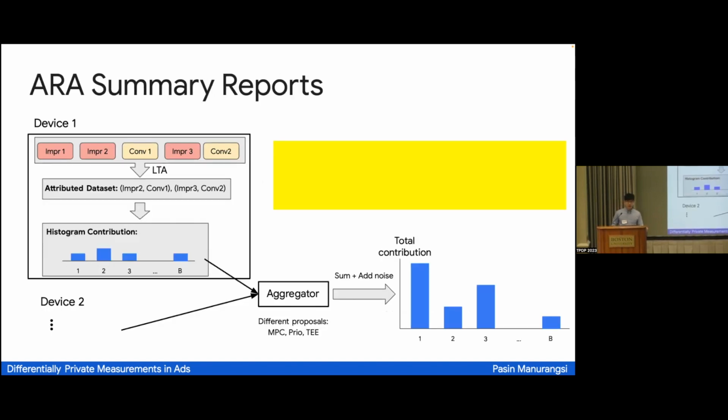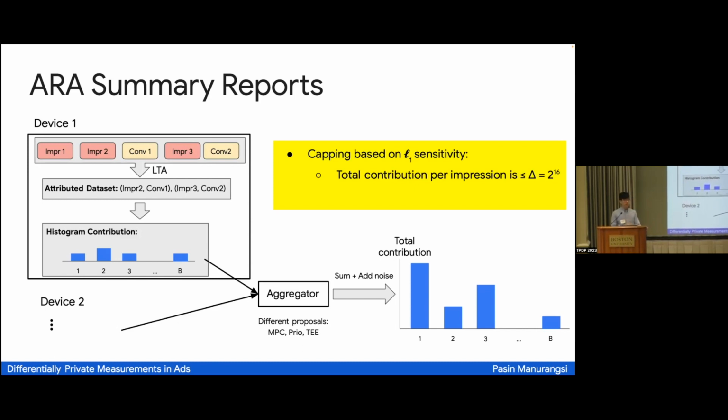Okay, now I want to give you a more concrete example. I want to be a little bit more specific by looking at the Attribution Reporting API, or ARA. This is a proposal by Google. In the ARA proposal, the capping is based on the L1 sensitivity, and the capping is done on a per impression level.